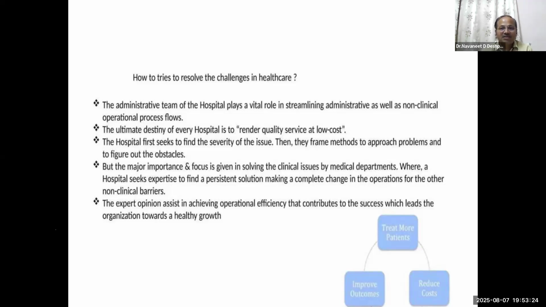So these medical departments, where the hospital seeks expertise to find a persistent solution, making complete change in operations for other non-clinical barriers. It may not be possible for the hospital to have all the kinds of people, all the kinds of facilities. It is a utopian thing. It is, you can say, a dream of every hospital to have everything. Okay, but then there are hospitals which are good in a particular thing.